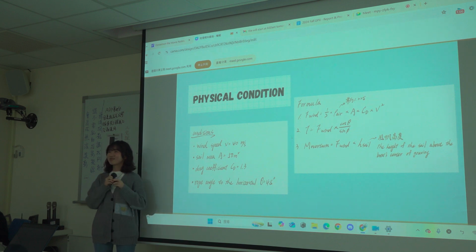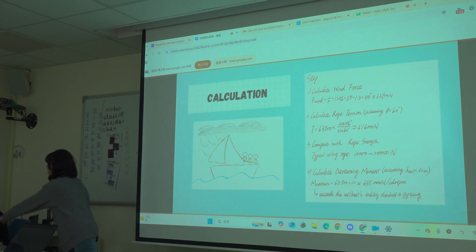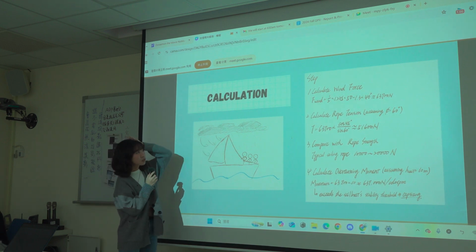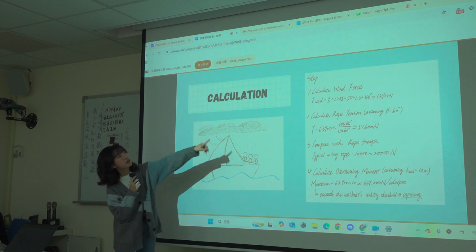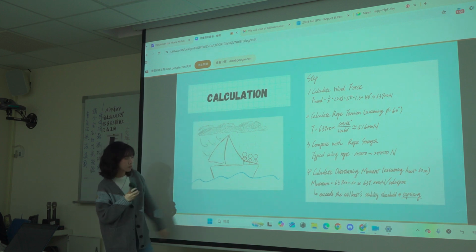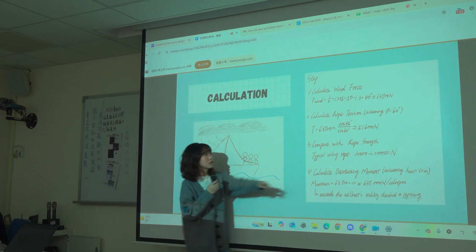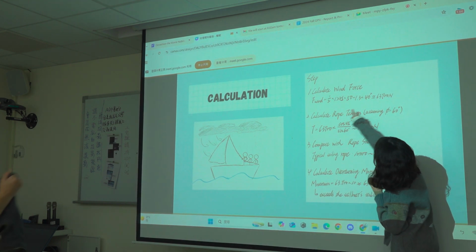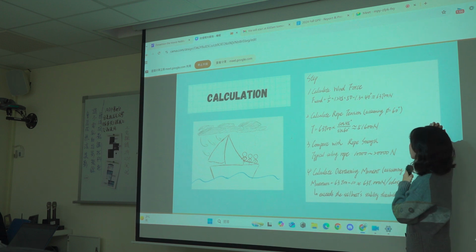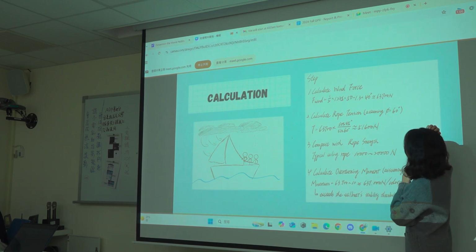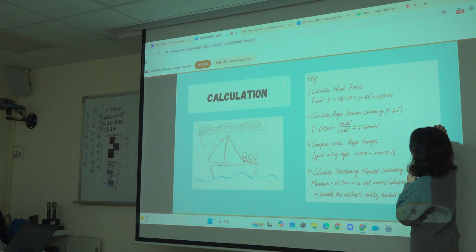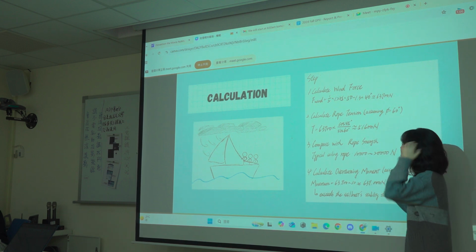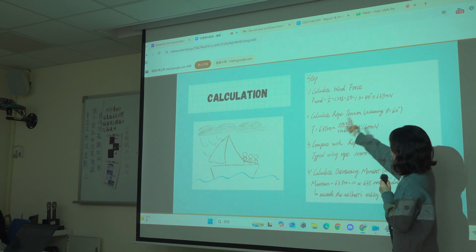Step one is to calculate the wind force, and it is about 63,700.